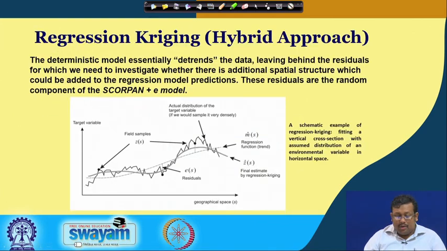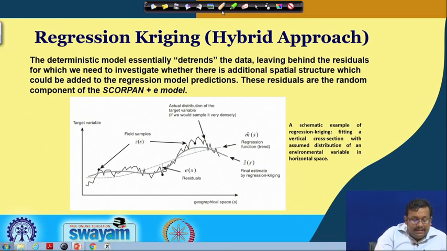So, how does this work? In regression kriging, the deterministic model essentially detrends the data, leaving behind the residuals, for which we need to investigate whether there is an additional spatial structure which could be added to the regression model prediction. These residuals are the random component of the model.